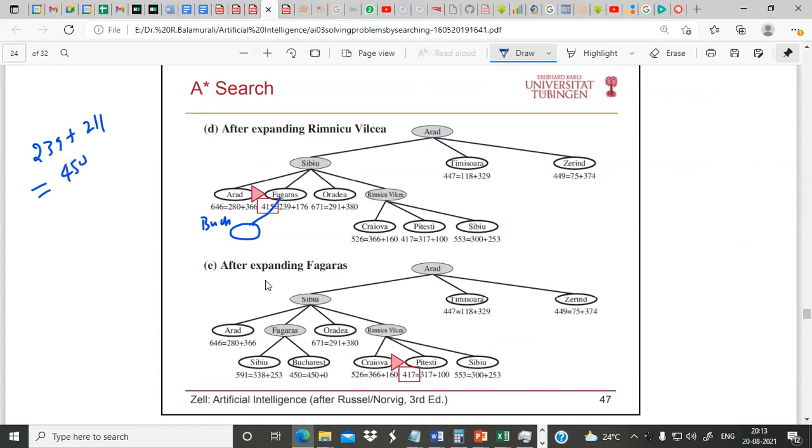This is the actual cost of reaching Bucharest. We have to add the heuristic function, but let us wait for that.